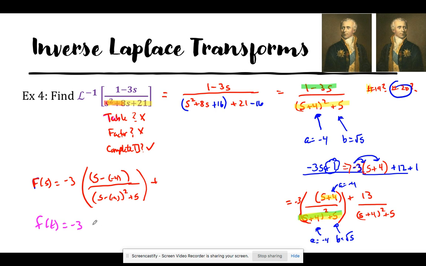This is going to be number 20, right? And number 20 is e to the at cosine of bt.